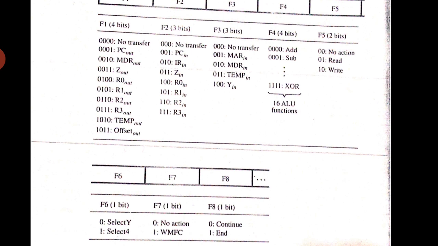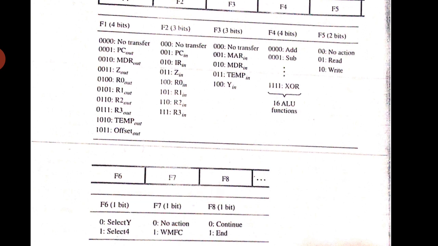Next, select Y and select 4 come under the F6 group, and wait for memory function complete comes under the 7th group, F7, selected by using 1 bit. At the same time, the end operation comes under the F8 group, which is also selected by using 1 bit.